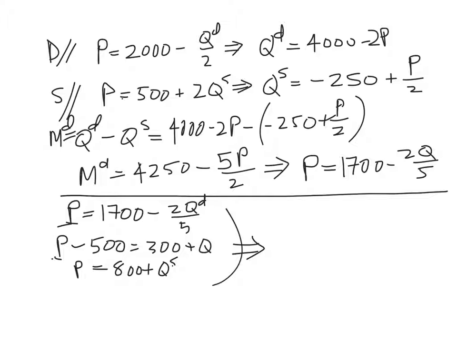And we then know that 1,700 minus 2Q over 5 is equal to 800 plus Q. When you work all that out, you need a calculator, and I'm going to round to 10,000s.